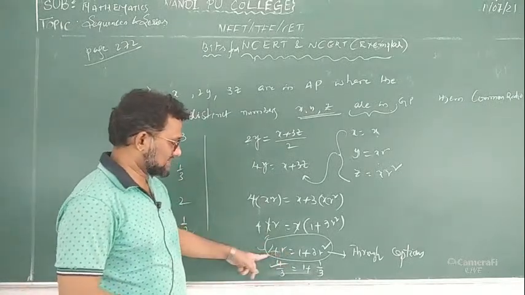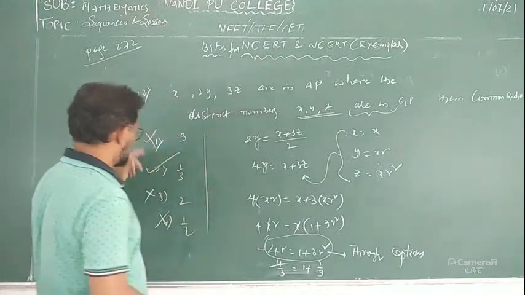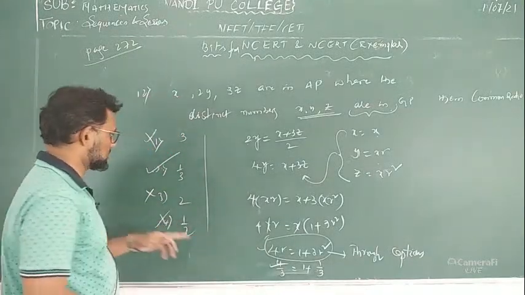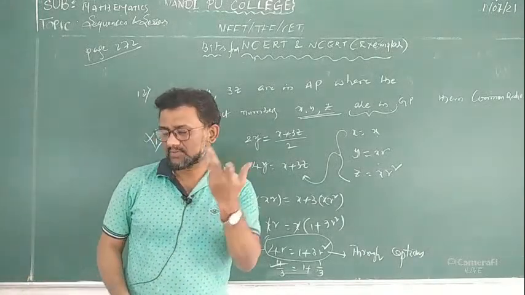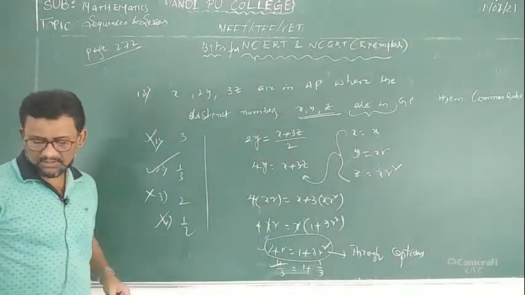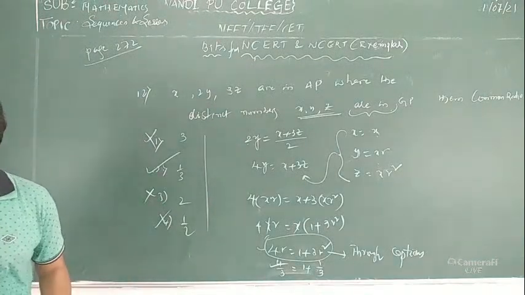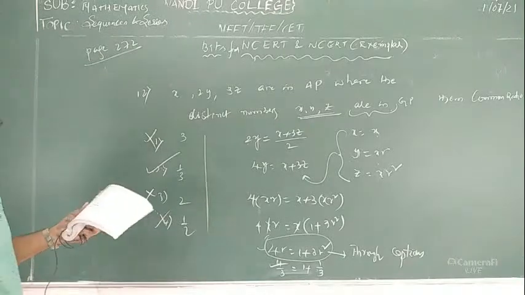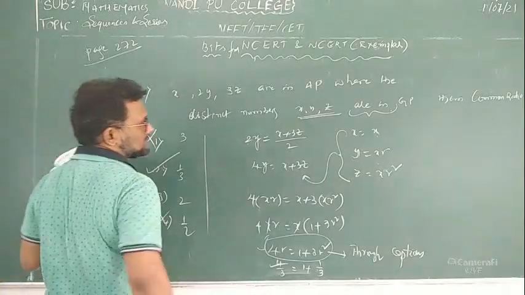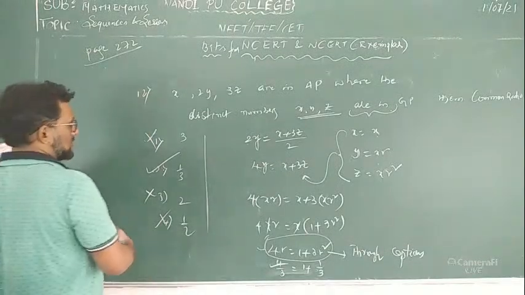Therefore r value I substituted 3, not satisfying. After that 2 substituted, not satisfying, 1 by 2 not satisfying. So anyhow out of 4, 3 are not satisfying, so the left one will be the answer. I hope you understood. Please note down.